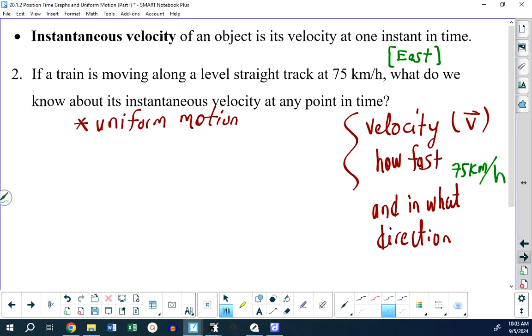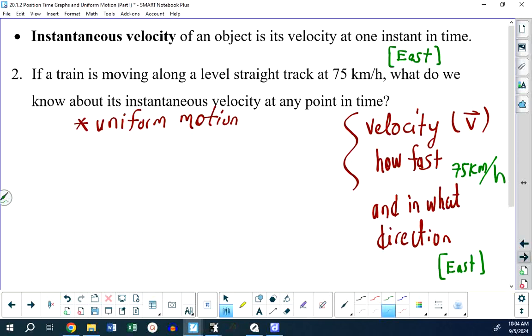The answer to this question is a very simple answer, but again, there are subtleties that I need to talk about at this level. The direction is east, always east. So if you're on this train at any point in time, I say to you, how fast are we moving? You're going to be saying 75 kilometers per hour. And at that same point in time, what direction are we moving? You're going to say east. So the velocity will be 75 kilometers per hour east all the time.